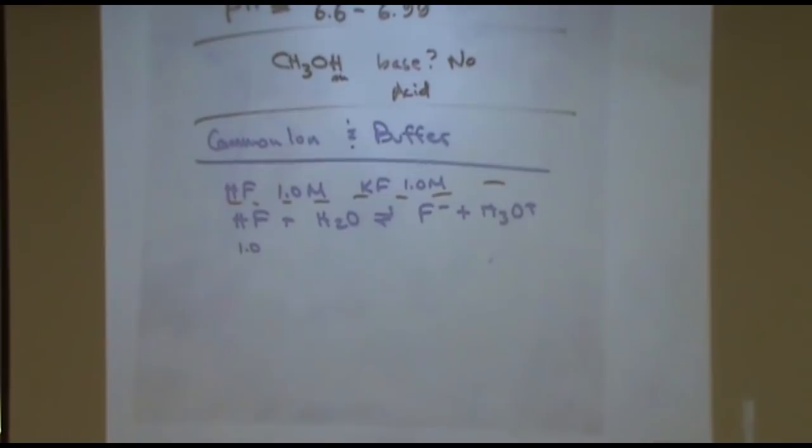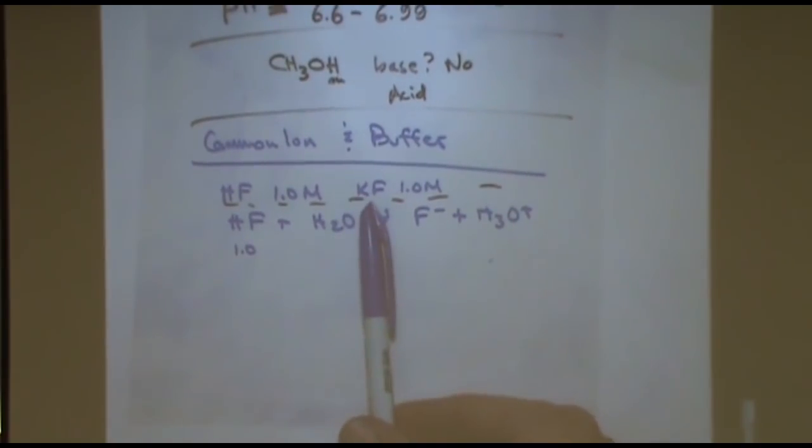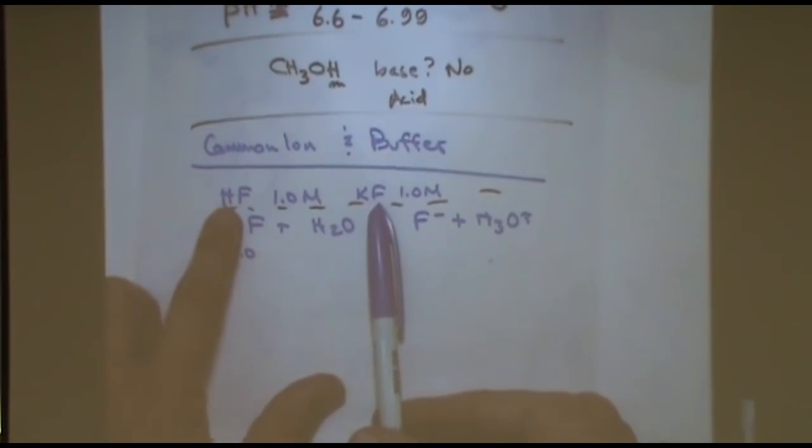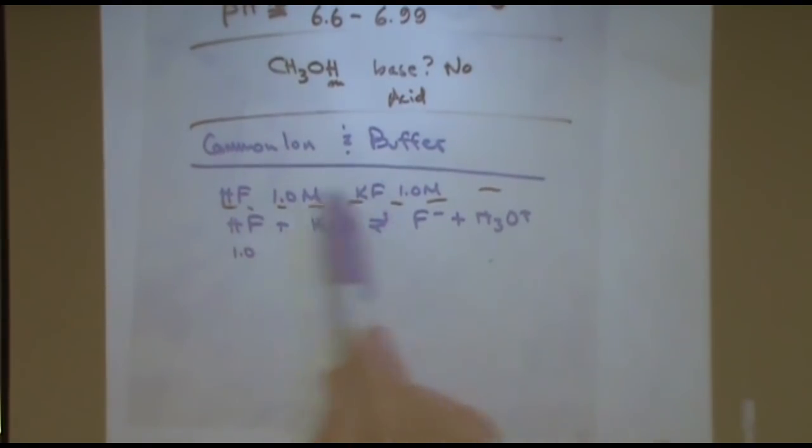Okay, KF is what? Acid, base, or neutral? It's basic. The K is going to be neutral because it's from potassium hydroxide, and the F is a conjugate of the acid. So these two are actually conjugates of each other. So when you add the common ion, you're usually adding the conjugate.